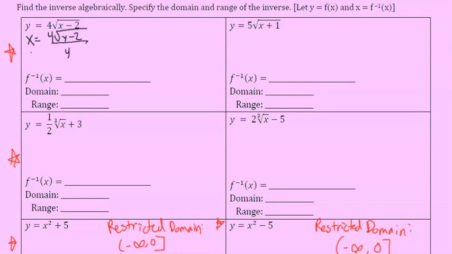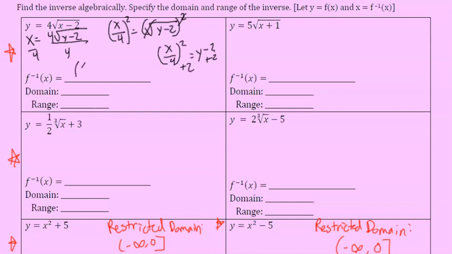We want to divide by 4 each side. X divided by 4 equals the square root of y minus 2. To get rid of a square root, we'll exponentiate each side by 2. X over 4 squared equals y minus 2. Add 2 to each side. So then we have f inverse of x equals x over 4 squared plus 2.